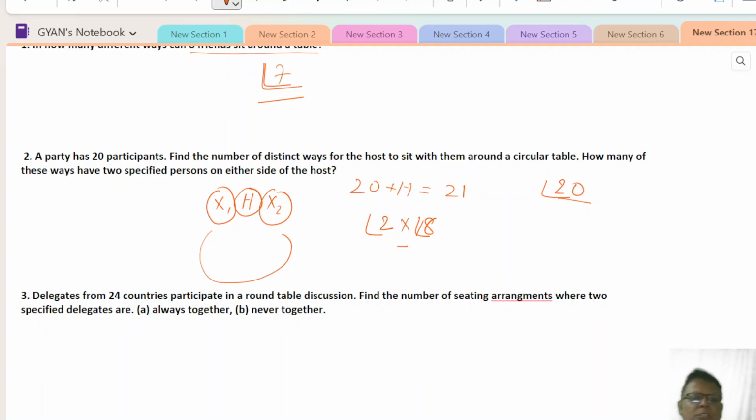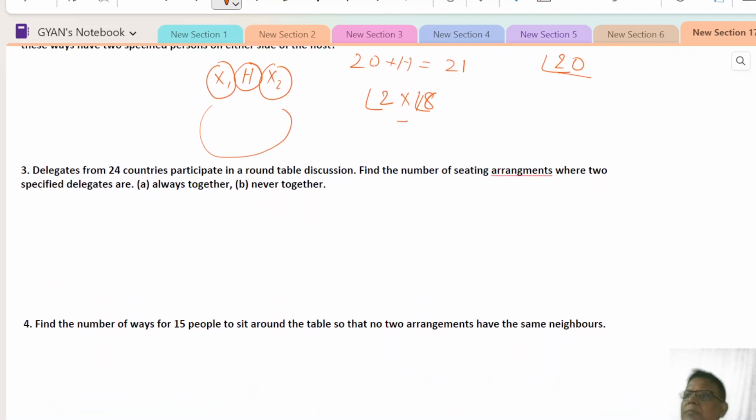Now come to question number 3. Delegates from 24 countries are in a round table discussion. Find the number of sitting arrangements where two specified delegates are always together. So two are always together, so we consider them one entity. Then remaining are 22, so total are 23.